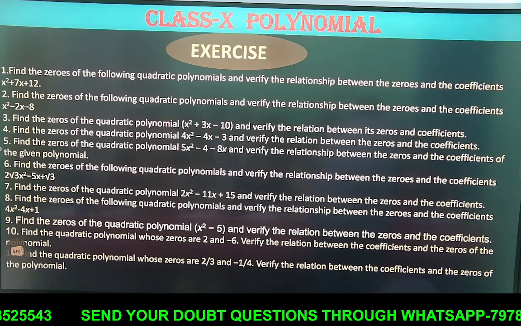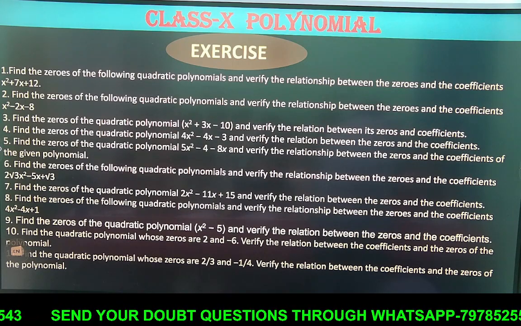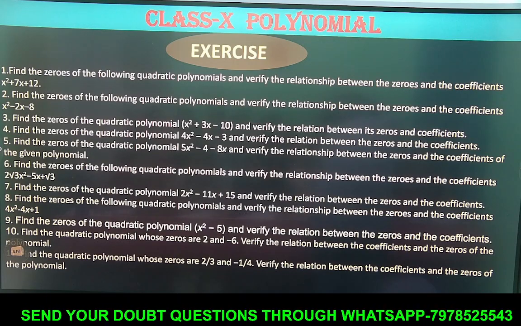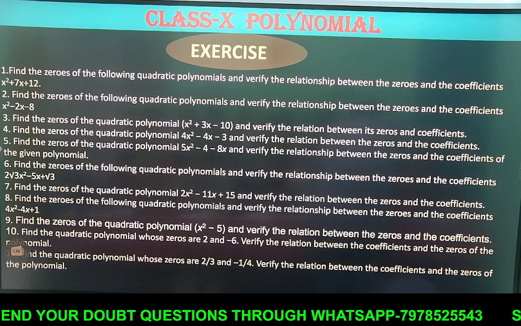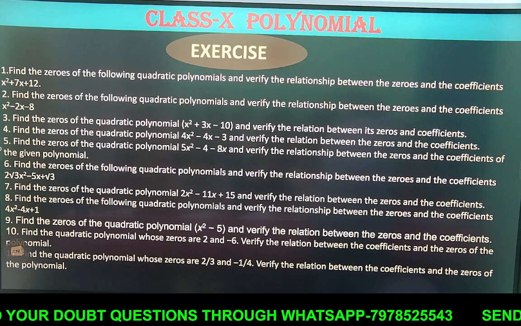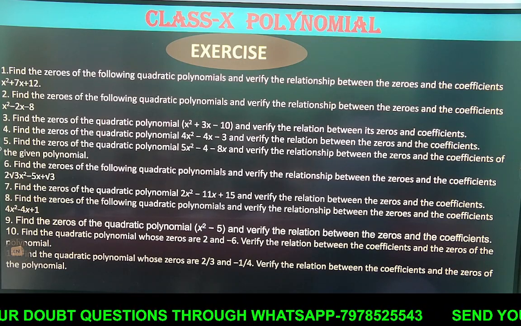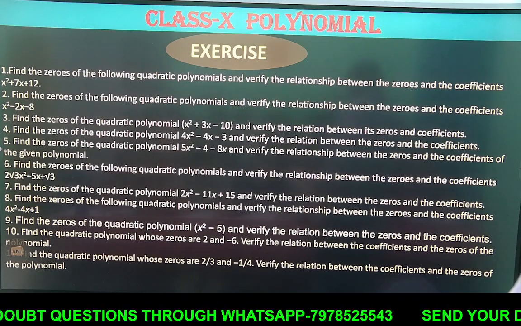Now verify. You write LHS equals to RHS. Similarly, LHS alpha into beta is minus 3 into minus 4, which is plus 12. Now RHS c by a. C is 12. 12 by 1, which is 12. Now verify. Understood? Your copy is checked.